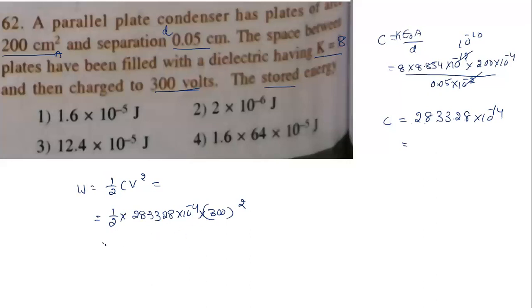Okay, so what are you going to get now? 1, 2, 7, 4, 9, 7, 6, 4 zeros. Okay, into 10 power, this is minus 14 here. Okay, this is minus 14.